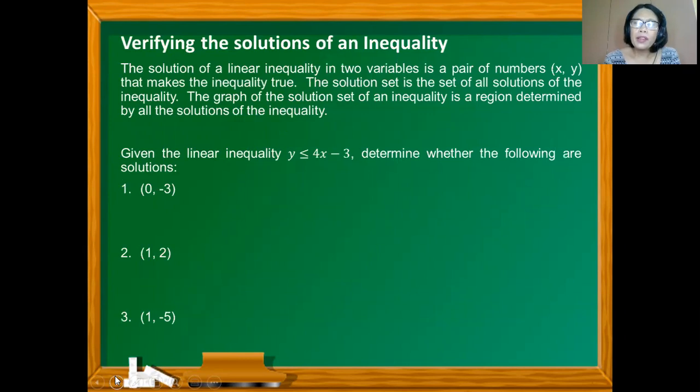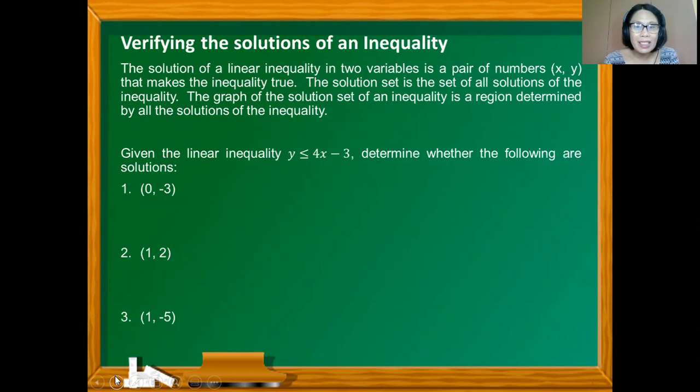Now, verifying the solutions of an inequality. The solution of a linear inequality in two variables, class, is a pair of numbers (x, y) that makes the inequality true. Meaning we're going to substitute that point into the inequality, and if we come up with a true statement, then that point will be one of the solutions.